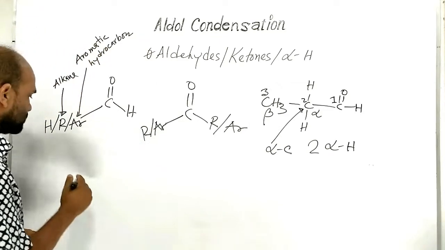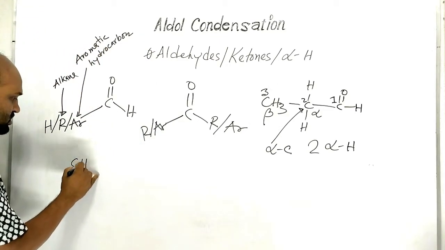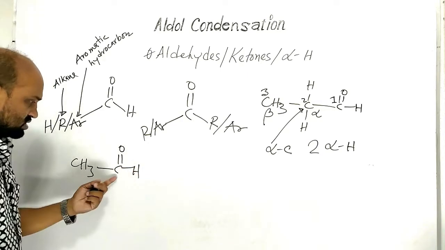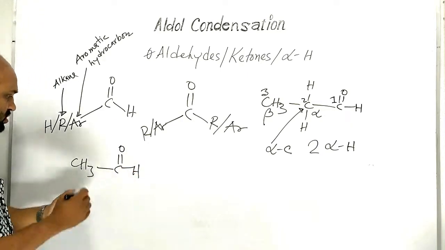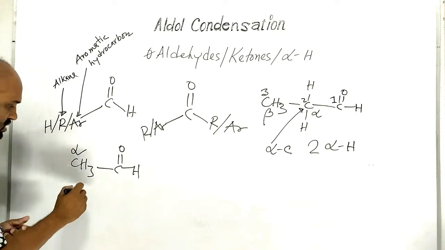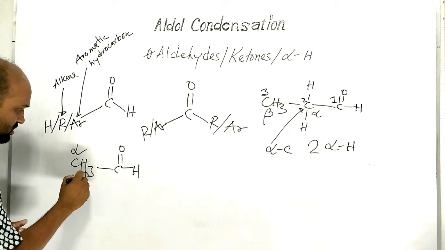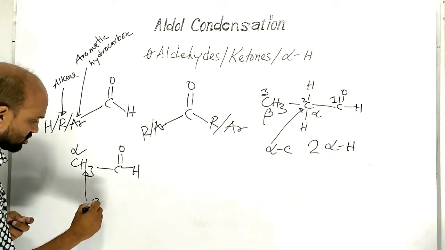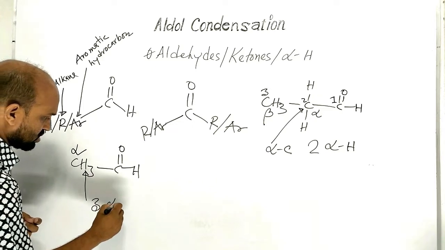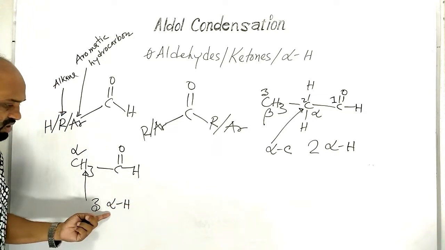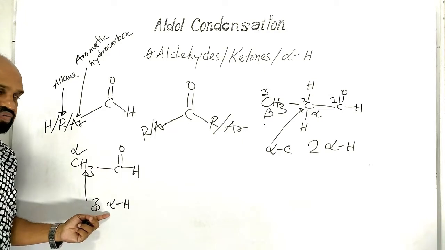Let's see another compound, CH3COH. This is functional group carbon. So the adjacent carbon is alpha carbon. The hydrogen atoms that are linked up with alpha carbon are called alpha hydrogen atoms. In this molecule there are 3 alpha hydrogen atoms.